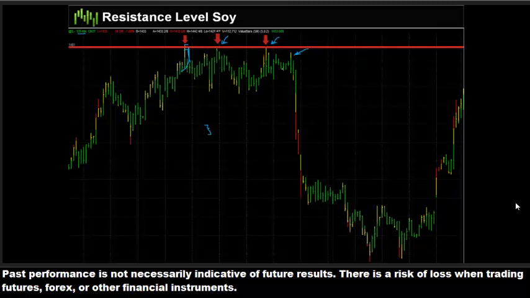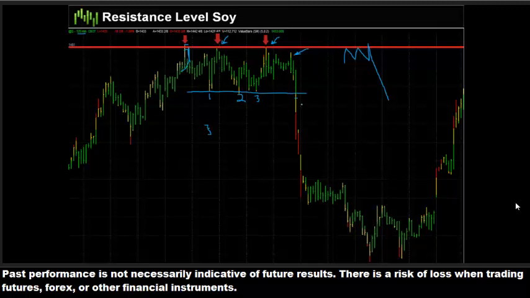And oftentimes you'll also see a market, let's say that's the resistance line, hit it once, hit it twice, and before it actually drops, it'll poke above it, knock out the stops that are just a tick or 2 ticks beyond it, and then it'll tank. Same goes for support levels. If there's your support there, because it bounced off 1 time, a 2nd time, a 3rd time, a lot of times you'll see the market poke down to right here, knock those stops out, and then bounce back up.